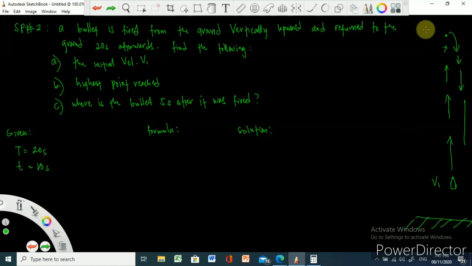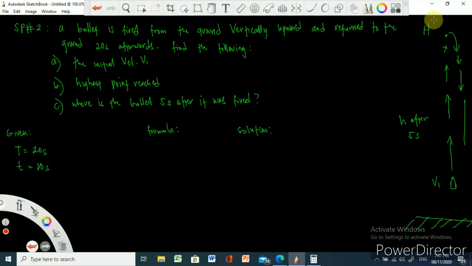So we're looking for the highest point H, the height after 5 seconds, and V1.